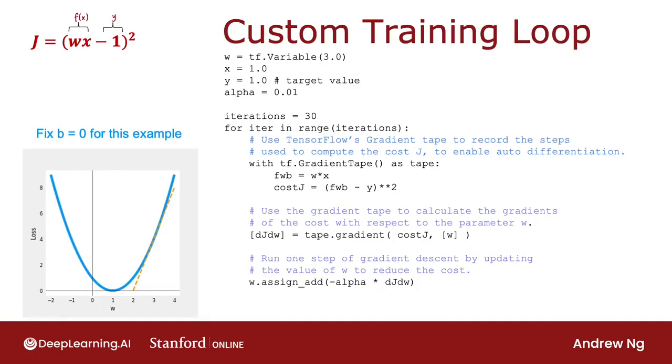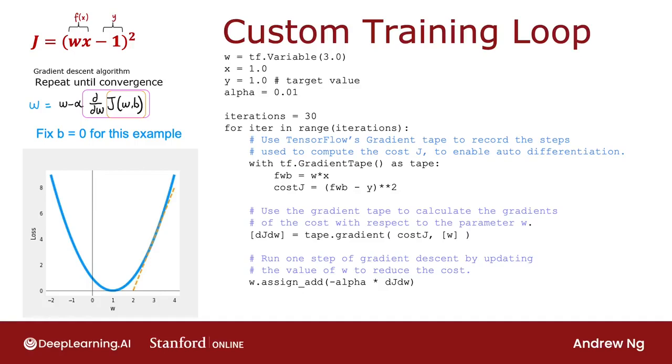And so this would be the cost function if we had f of x equals wx, y equals 1 for the one training example that we have, and if we were not optimizing this with respect to b. So the gradient descent algorithm would repeat until convergence this update over here. It turns out that if you implement the cost function j over here, TensorFlow can automatically compute for you this derivative term and thereby get gradient descent to work.